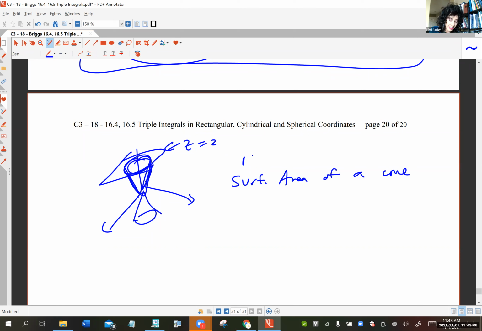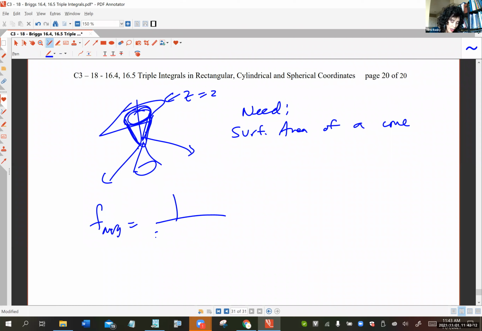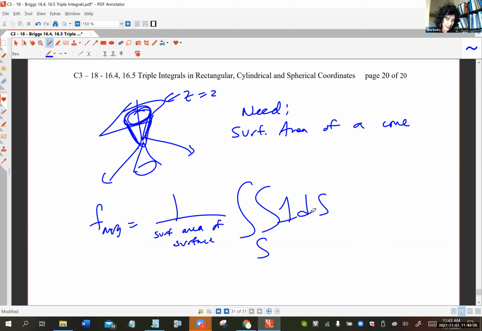You need this. Why? Because your F average over surface area is going to be 1 over the surface area of the surface that you're trying to find the average value of times a double integral, and it's a surface integral like this.